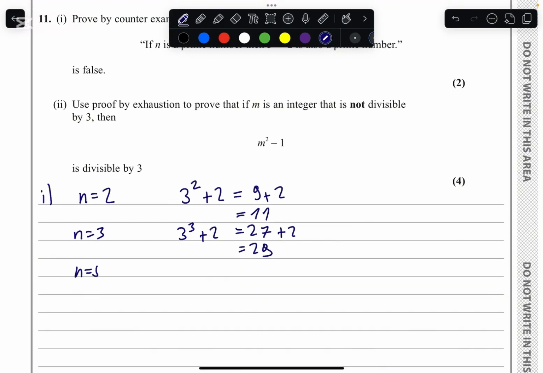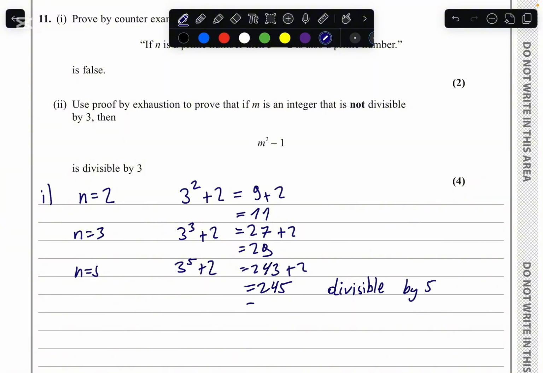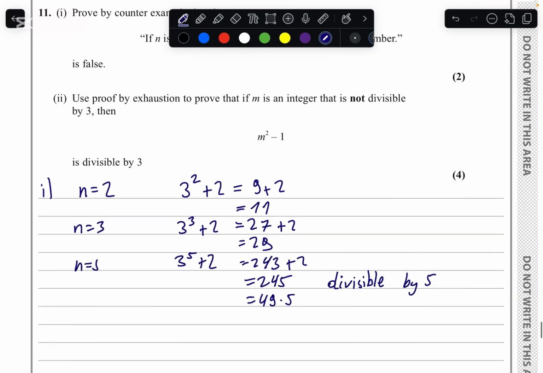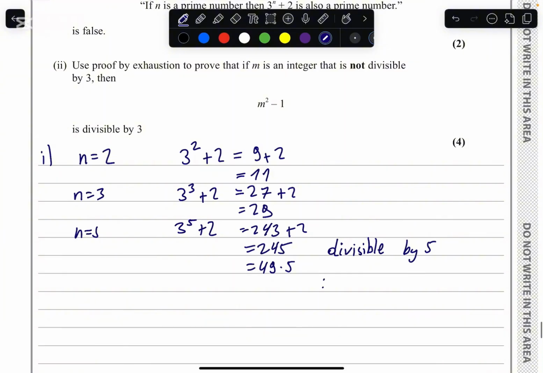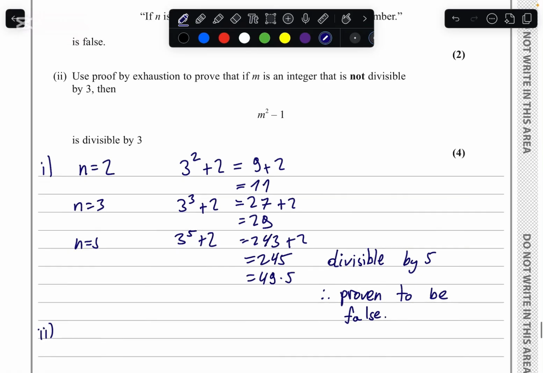Then we can try n equals 5. 3 to the power of 5 plus 2 is 243 plus 2, which is 245, which is divisible by 5. So, proven to be false.